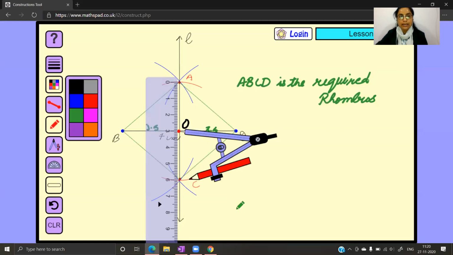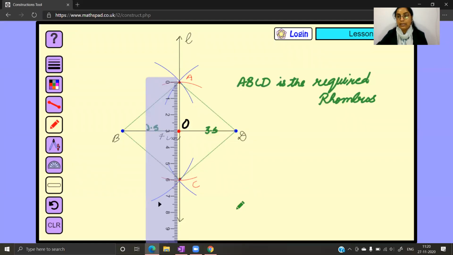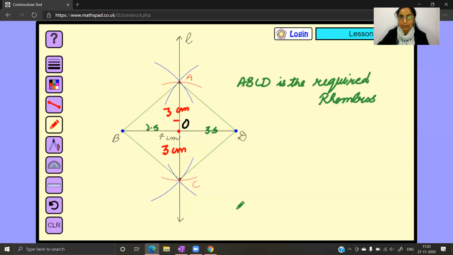We can see that the length of the vertical diagonal AC is 6 centimeters. Each part is 3 centimeters. So this is 3 centimeters, and the part below is also 3 centimeters. The total length is 6 centimeters, and we had a 90-degree angle here. I hope you have completed this.